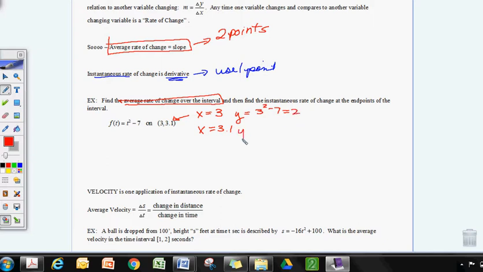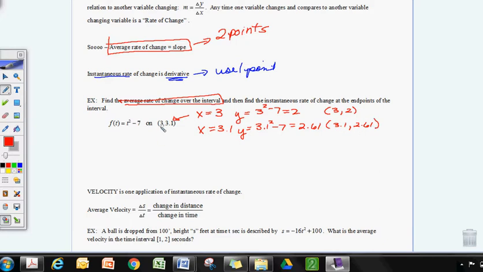And my y value here is going to be 3.1 squared minus 7, which turns out to be 2.61. Okay, so I have 2 points. I have the point 3, comma 2, and I have the point 3.1, comma 2.61.